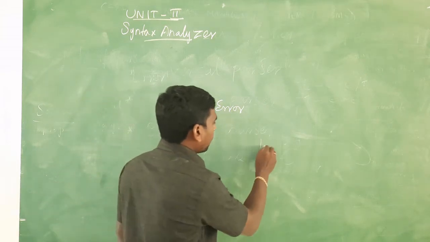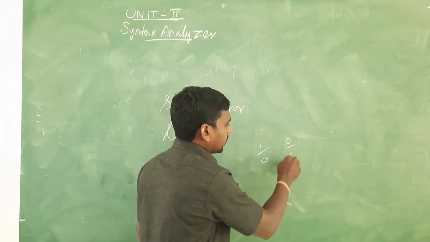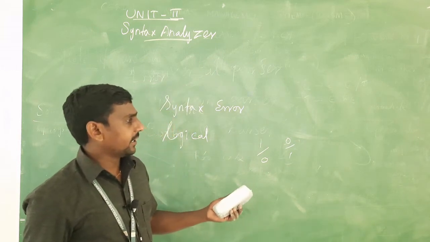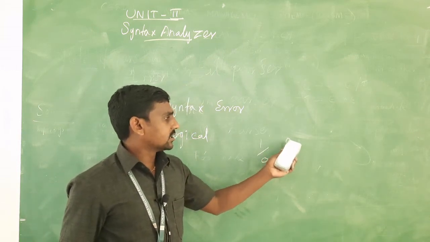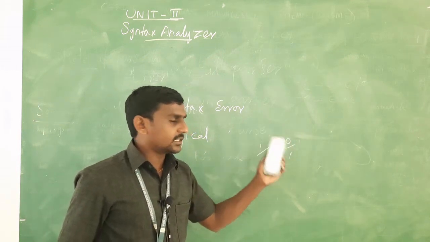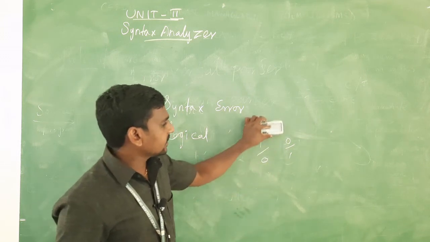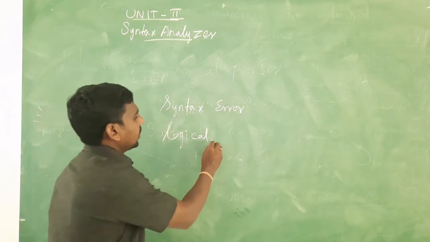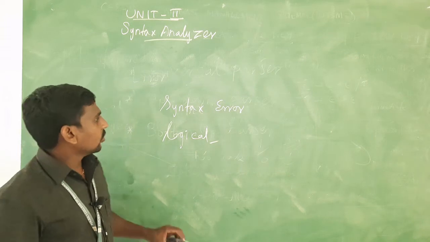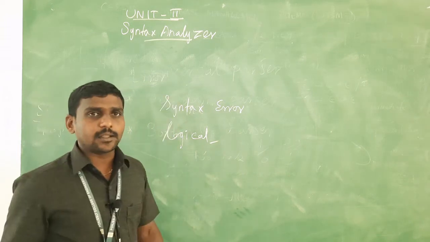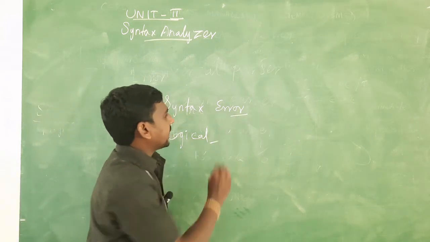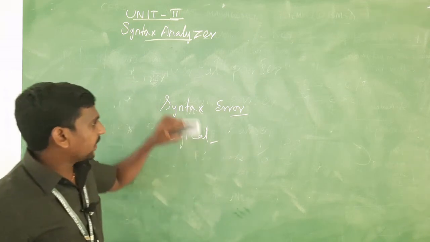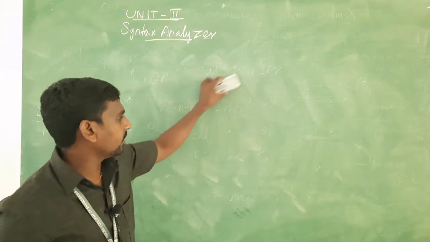For example, 1 by 0 or 0 by 1, sometimes giving infinity. So some logic they put in is an error, and this is called a logical error. In this syntax analyzer, we are talking about syntax errors, misspelling or missing semicolon, etc.